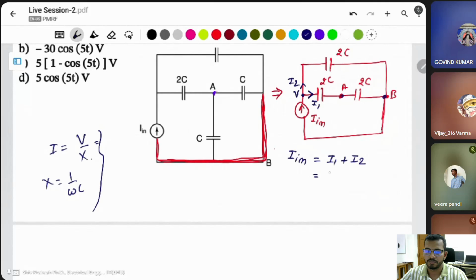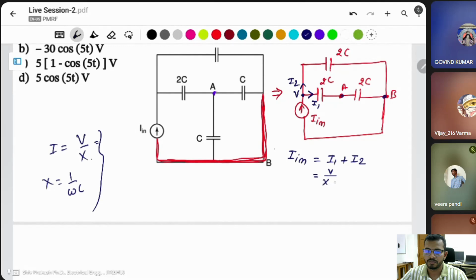Then V by omega C, what is the C? Both capacitors are connected in series. A series capacitor is solved like a parallel combination of resistors, so the overall is the C only.